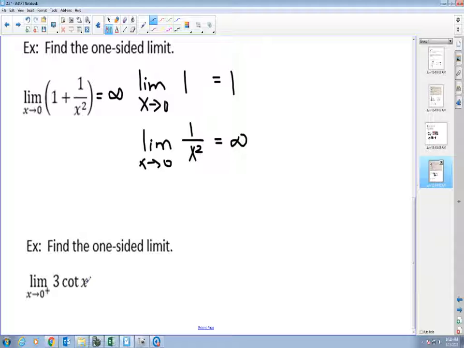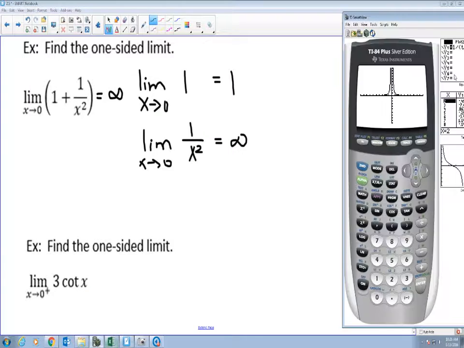Alright, let's find this one-sided limit. We talked about cotangent x before. So if I will graph it again, I'm going to graph for the cotangent x. 1 divided by parenthesis, cotangent is the inverse of tangent.